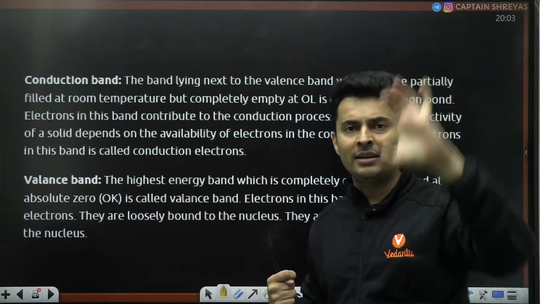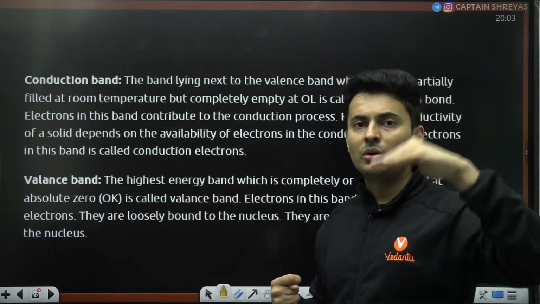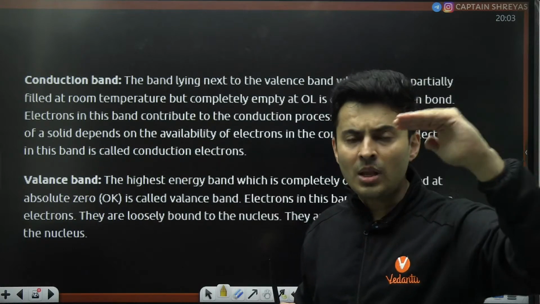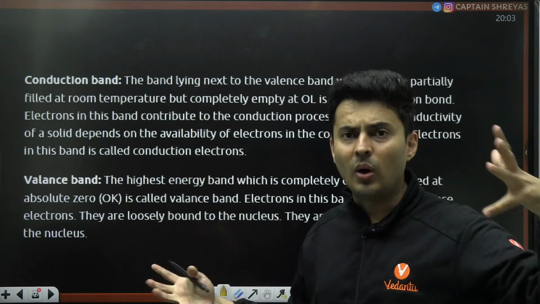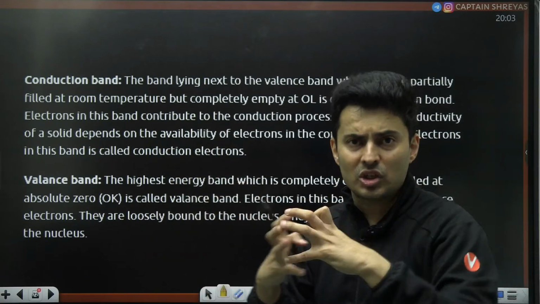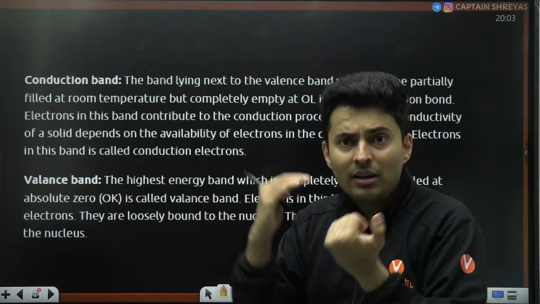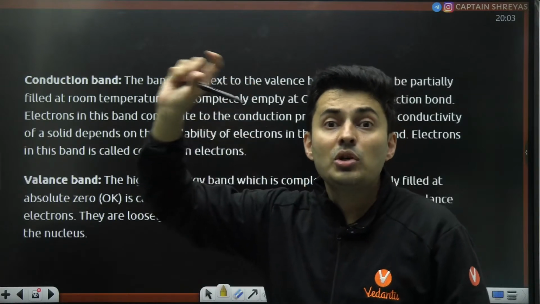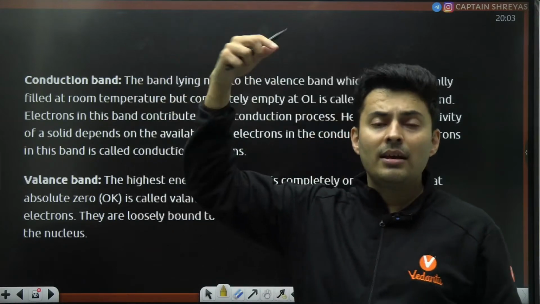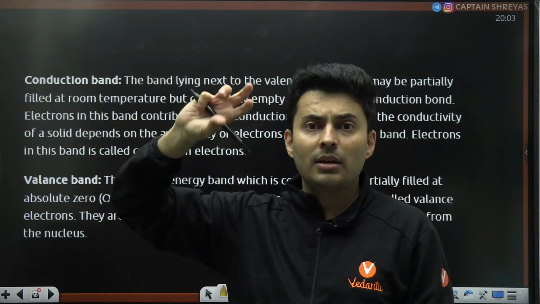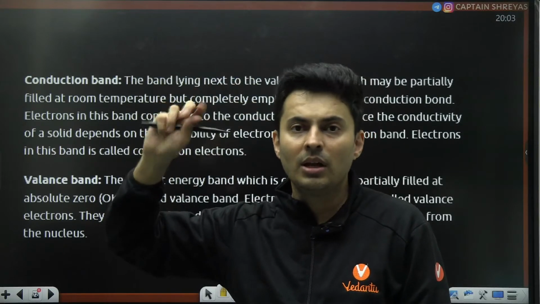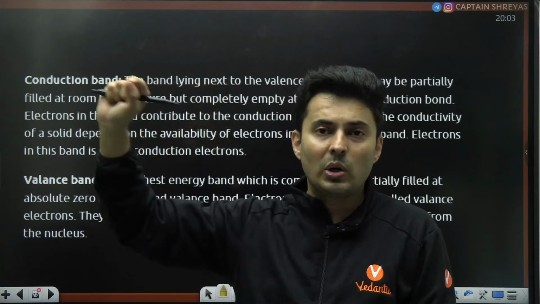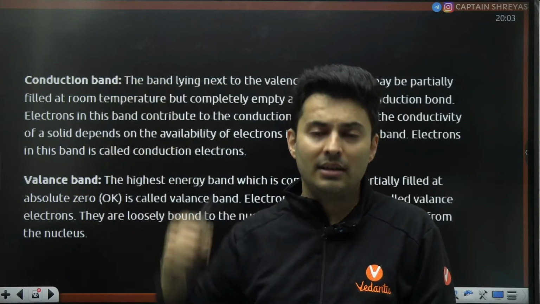It's a range of energies of all the atoms in that solid, and the electrons which are not in a completely filled orbit contribute towards the conduction band.